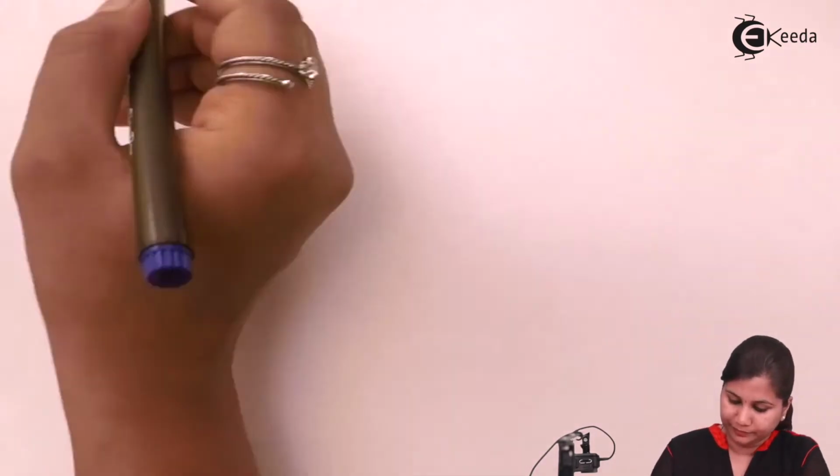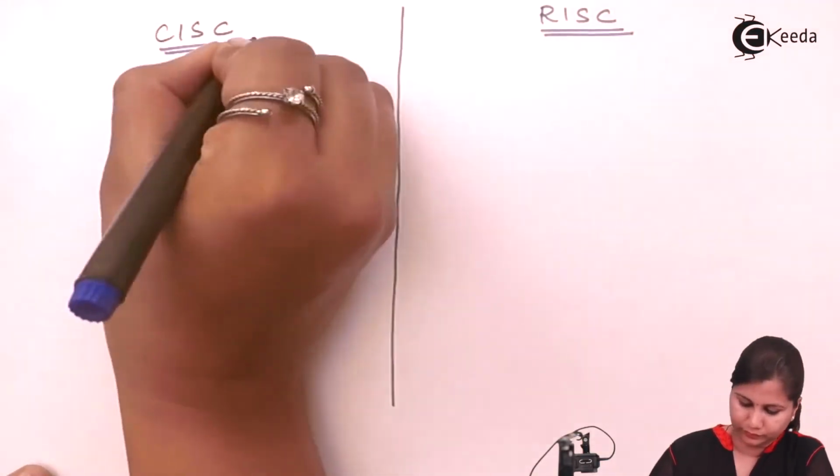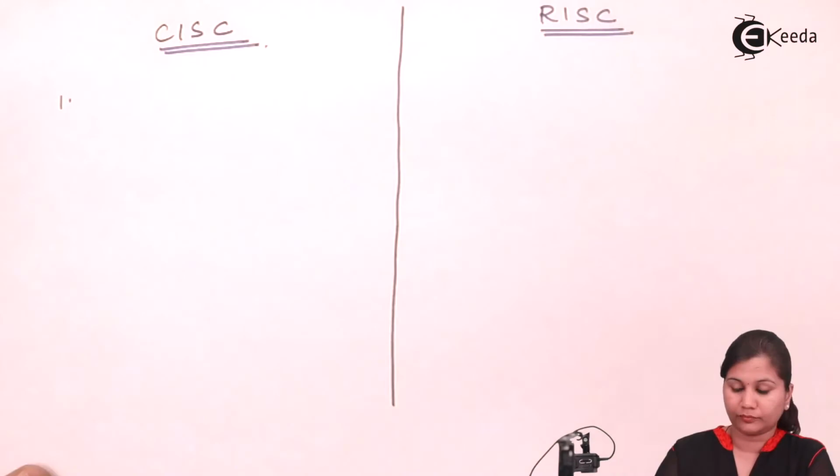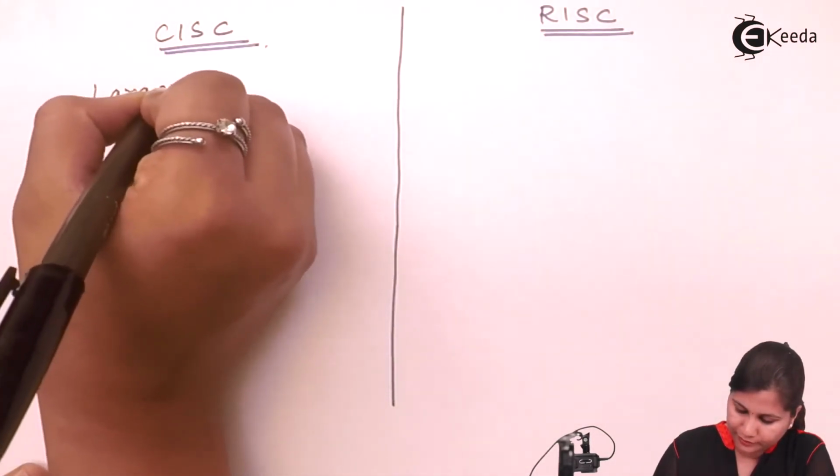Now let's study some of the points of difference between the CISC and the RISC architecture. In CISC there is a larger set of instructions.